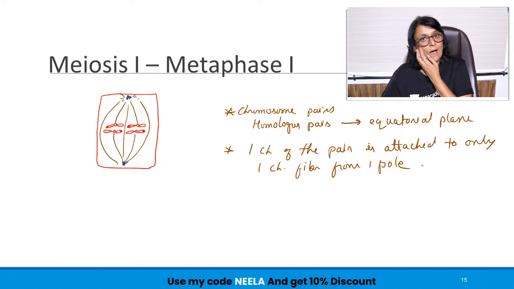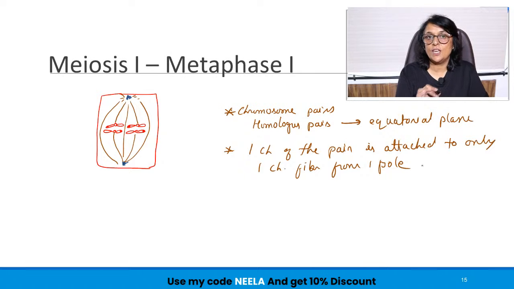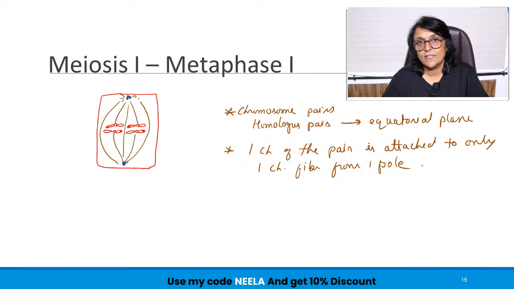Okay? Now, I have explained Prophase I completely. I have given you the change which has taken place in Metaphase I also. I want you to complete next two stages. That is Anaphase I and Telophase I. Okay?